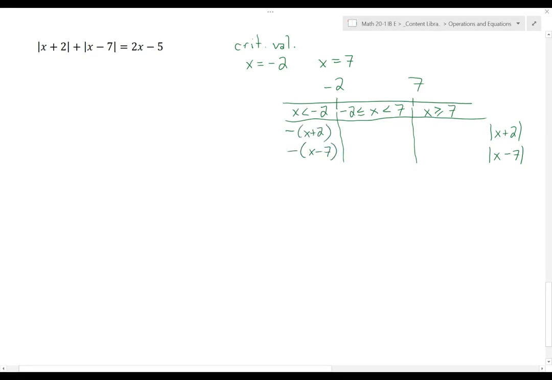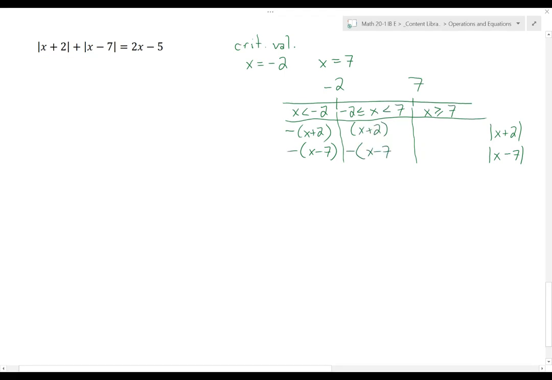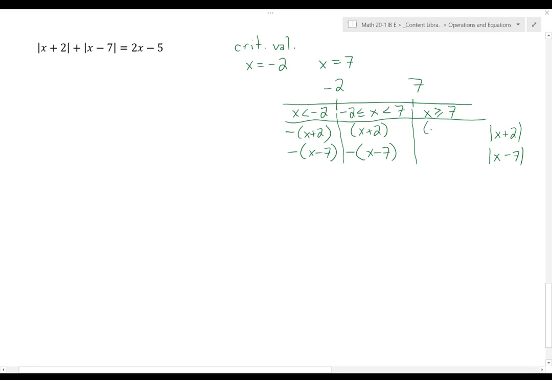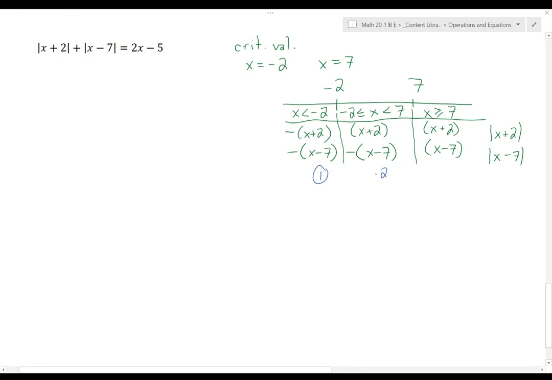A value between negative 2 and 7, like 0, is going to be positive in the first case, so this is x plus 2, and negative in the second, so the opposite of x minus 7. And for values of x greater than or equal to 7, they're both positive, so just x plus 2 and x minus 7. All of these have some different combination, so each of them requires their own equation.